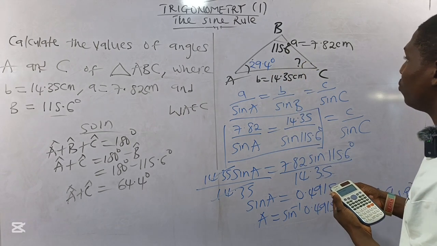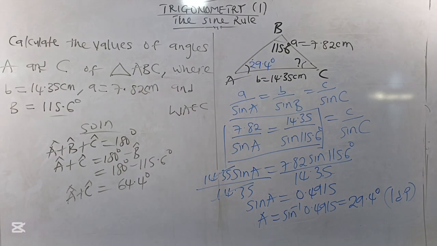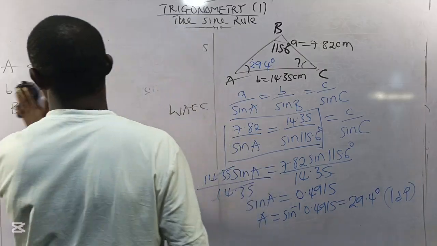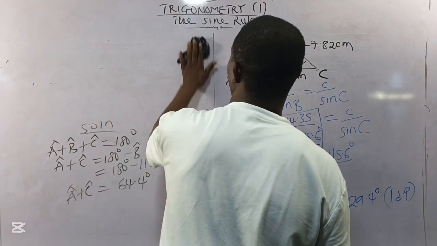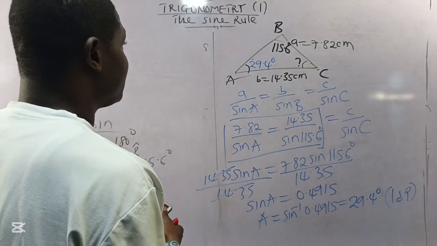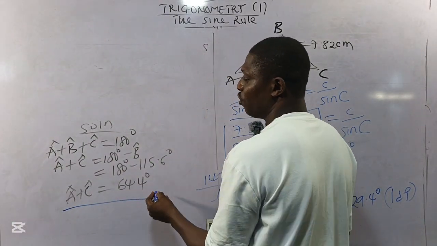Now I equally need to get my angle C. So for my angle C, I don't need my small letter c because I already have 2 angles. And remember that my A plus B is 64.4.